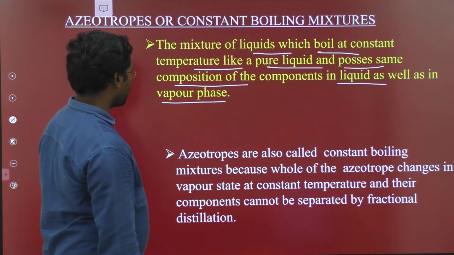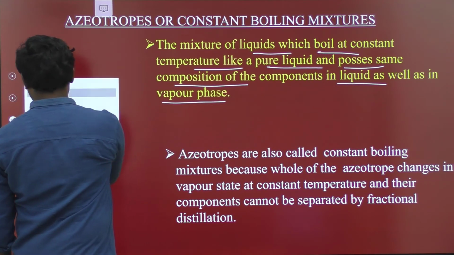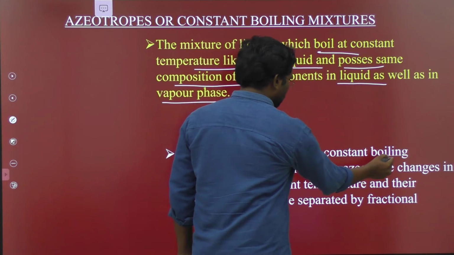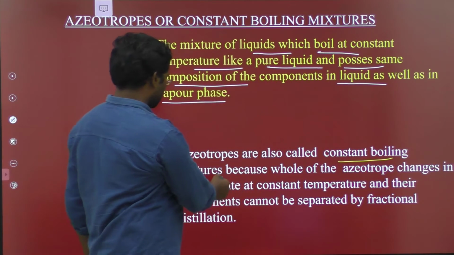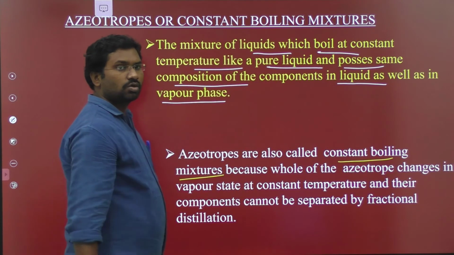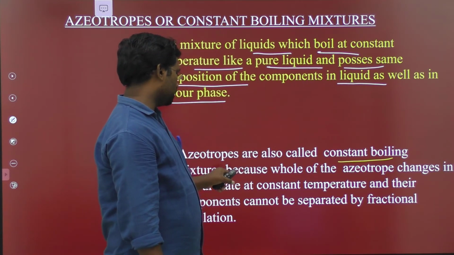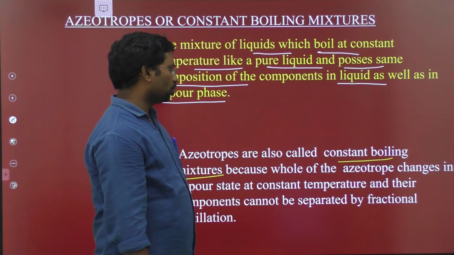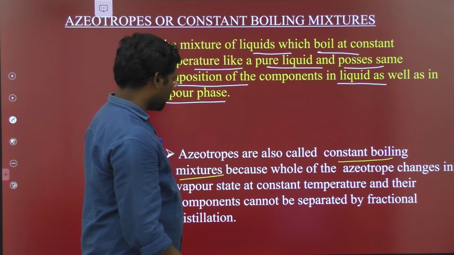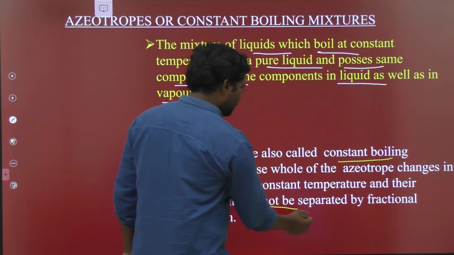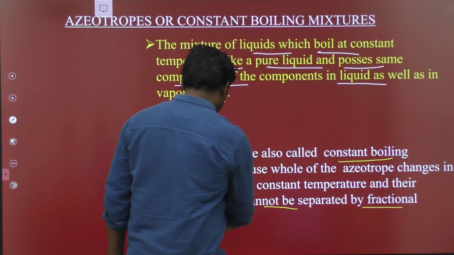The next important point regarding azeotropes is that they are also called constant boiling mixtures. Azeotropes are called constant boiling mixtures because the whole of the azeotrope changes into the vapor state at a constant temperature, and their components cannot be separated even by fractional distillation, because they boil at a constant temperature.